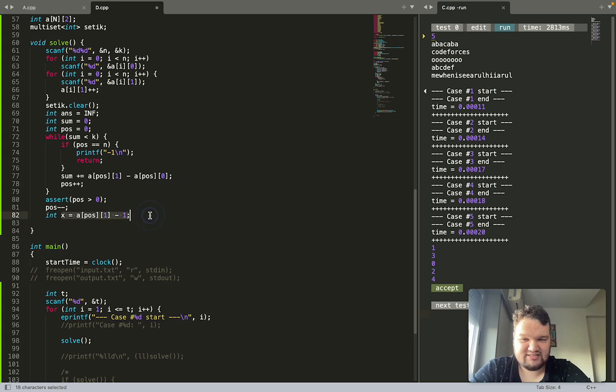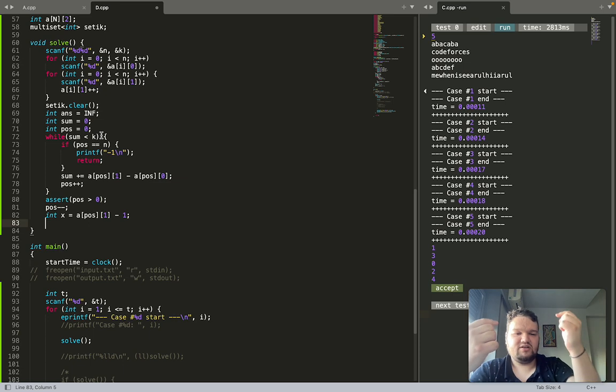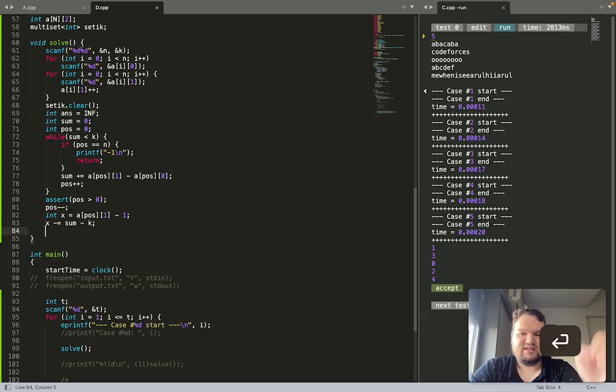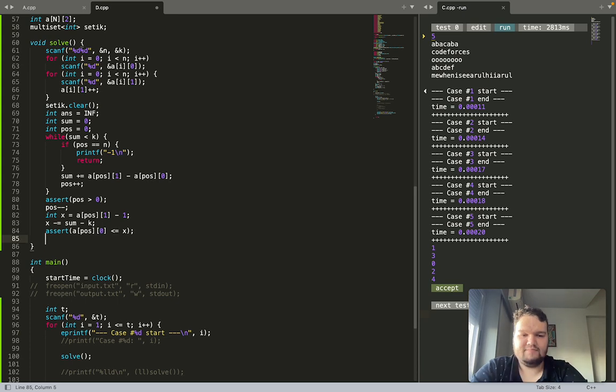So this is the last point of the segment. I know that before the segment the sum was strictly smaller than k. So if I make current sum minus k steps back, then I'm still inside the segment.